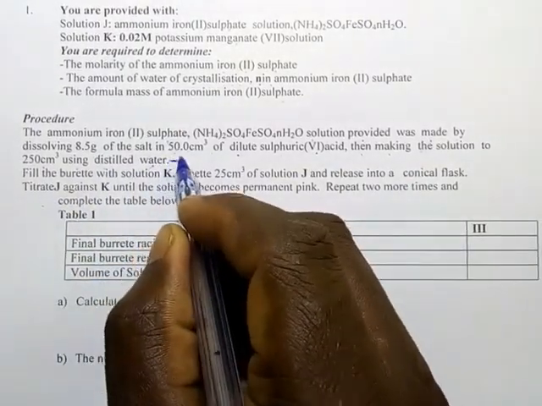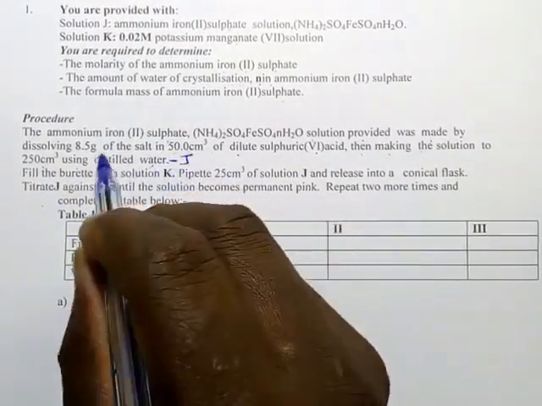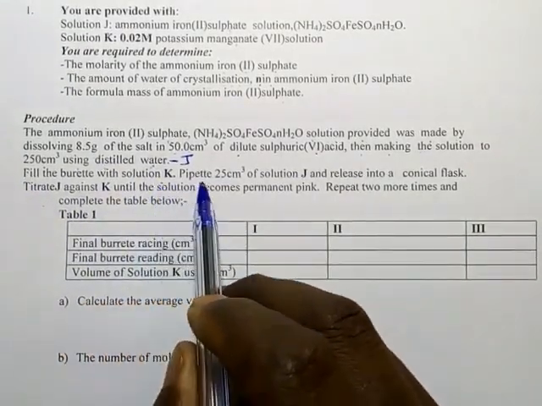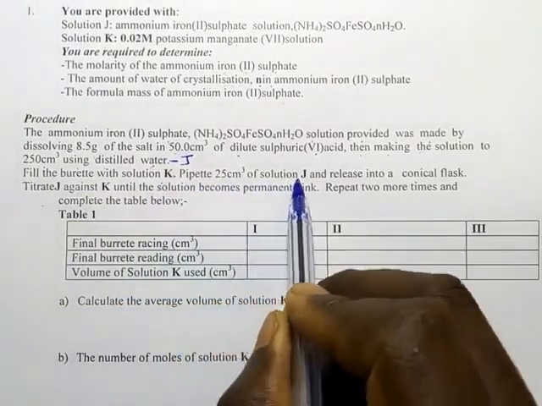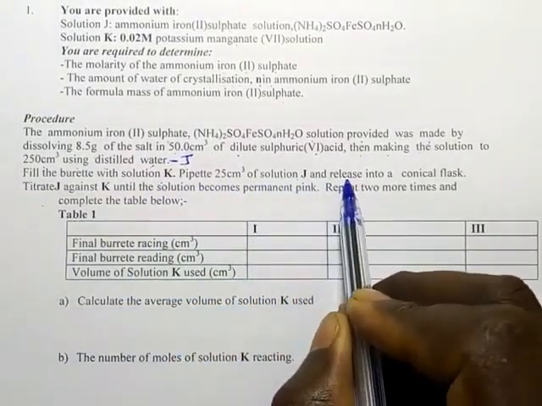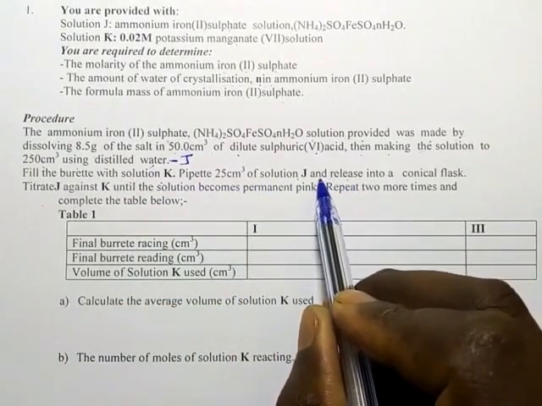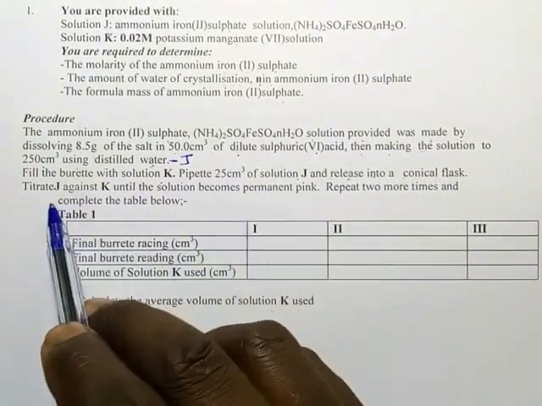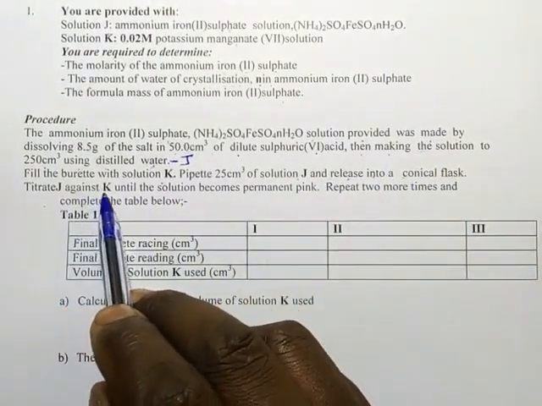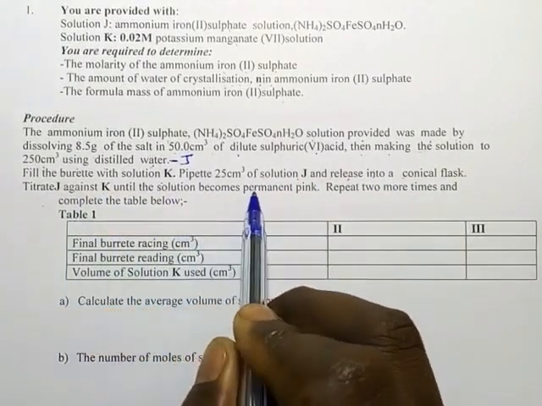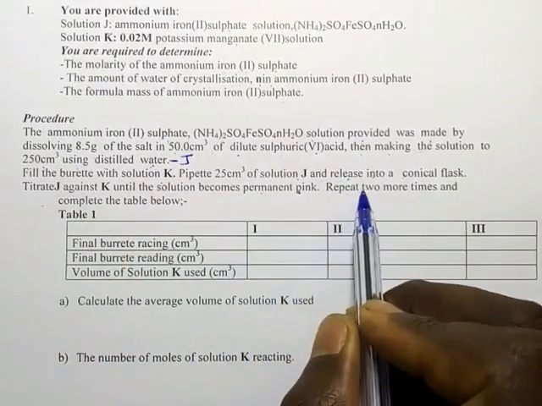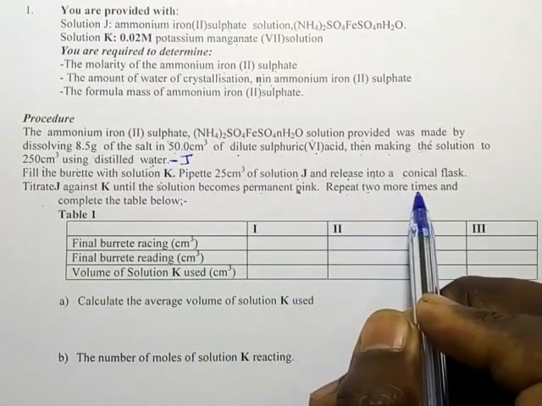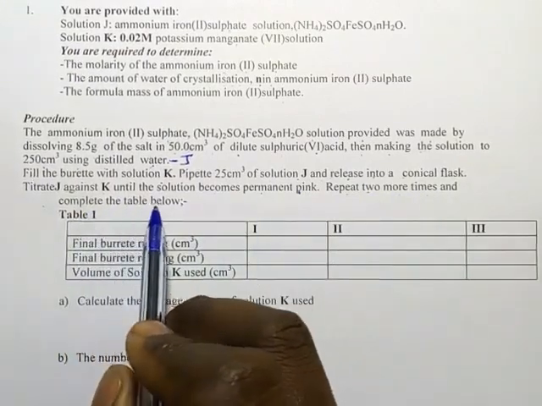So this is solution J. Fill the burette with solution K, pipette 25 of solution J, and release into a conical flask. Titrate J against K until the solution becomes permanent pink. Repeat 2 more titrations and complete the table below.